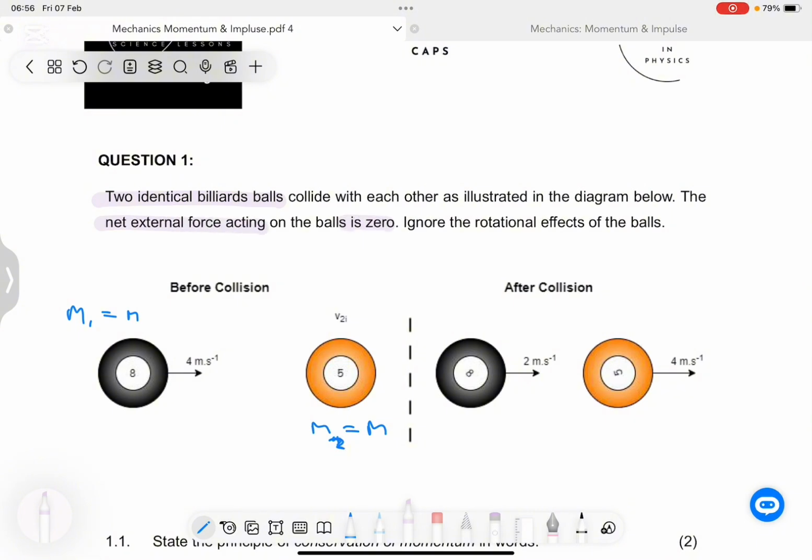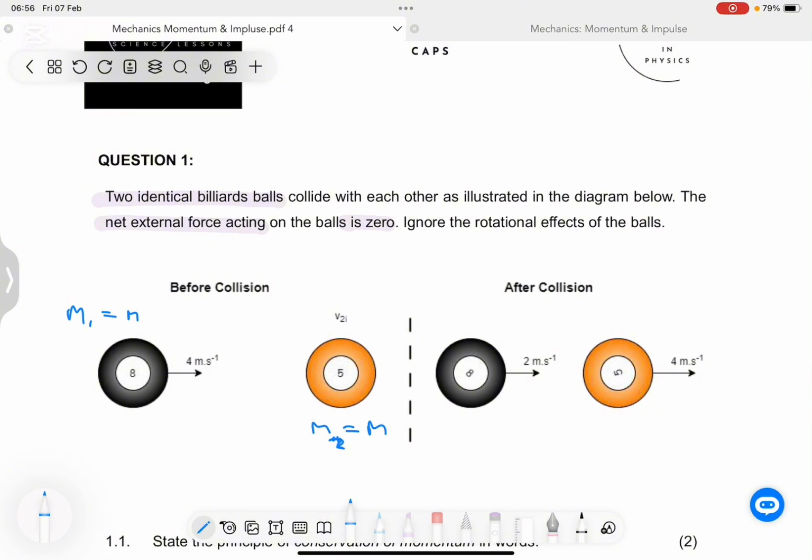A very, very important statement, because that statement says that this system, because we have a system here, before and after collision. Remember, it's a system because we have a group of objects interacting with each other. It is actually an isolated or a closed system. And that is important because it tells us that our linear momentum would be conserved if that's the case.